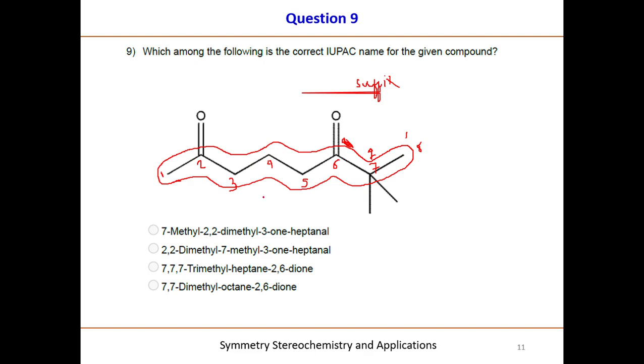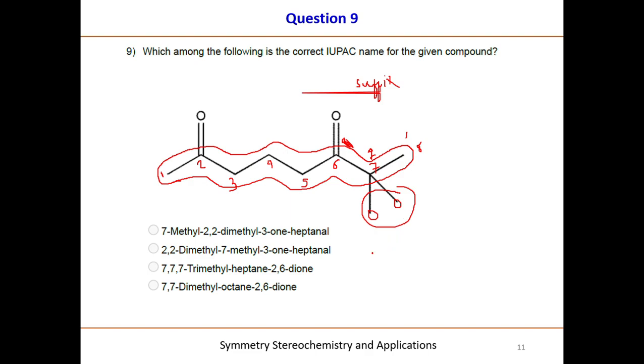Okay, so here we will write the prefix name first. How many prefixes are there here? Prefix means substituent present on the parent chain. Here we can see these two methyls are substituents present on the parent chain. This is our parent chain which is highlighted in red, and these two are substituents present on that parent chain.